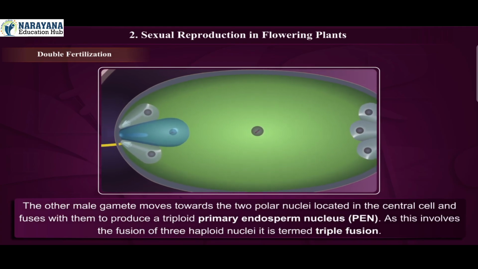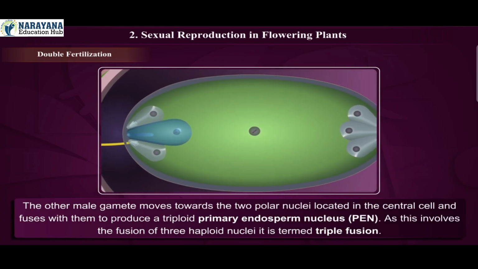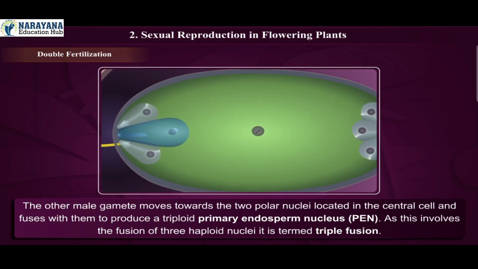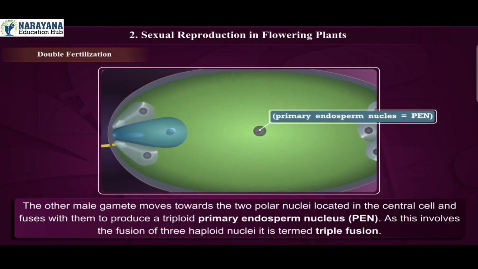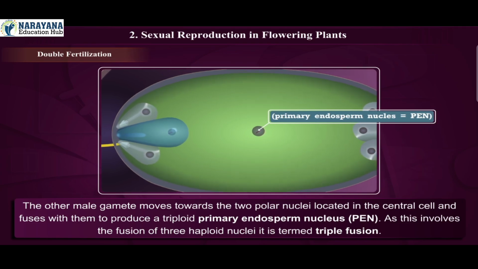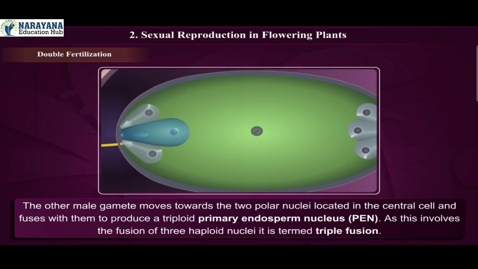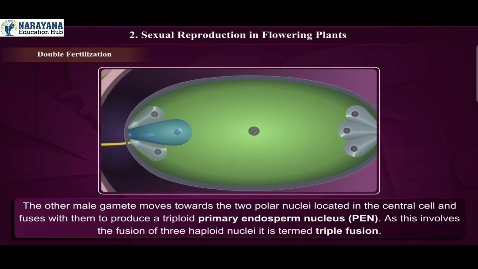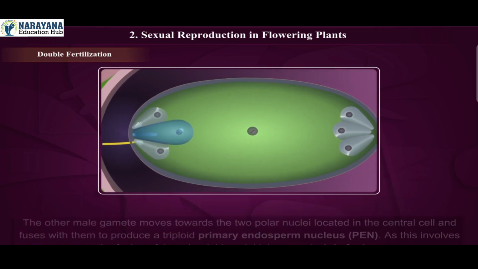The other male gamete moves towards the two polar nuclei located in the central cell and fuses with them to produce a triploid primary endosperm nucleus, that is PEN. As this involves the fusion of three haploid nuclei, it is termed triple fusion.